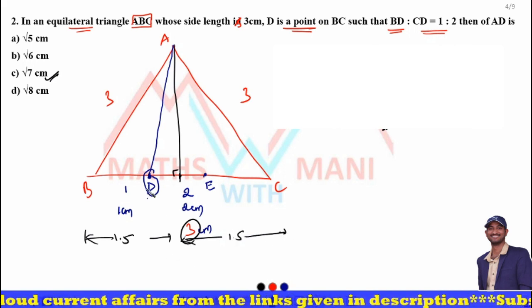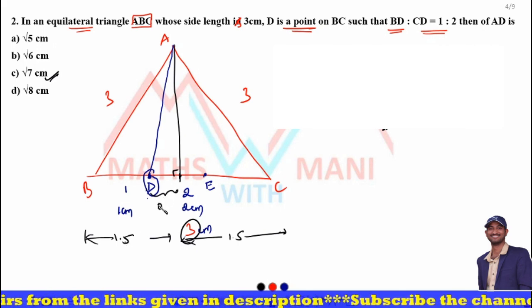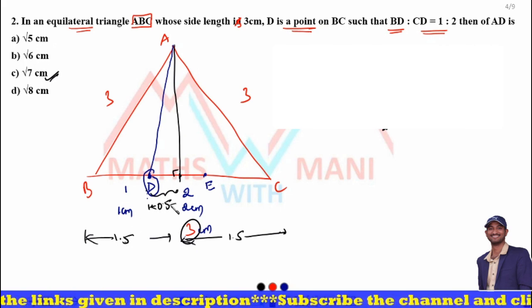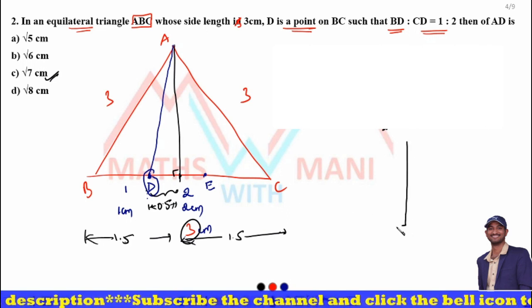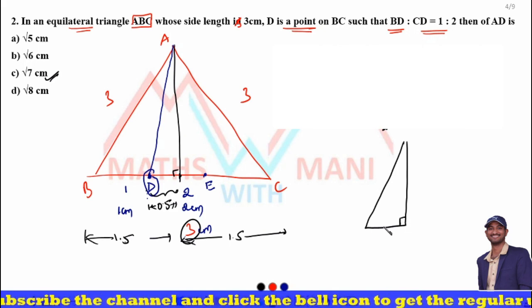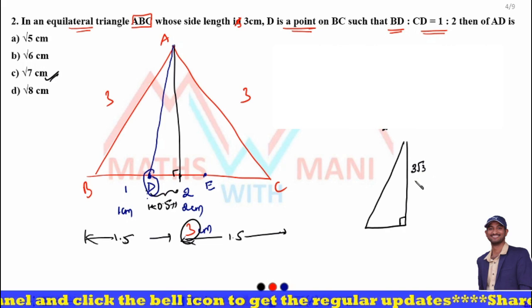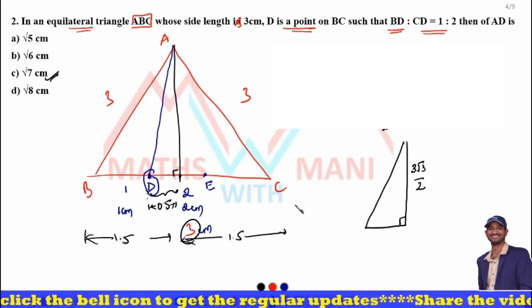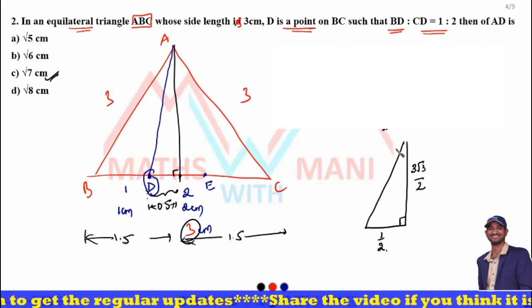Since BD is 1, what about this length? 1.5 minus 1, that is 0.5. Next we have to find AD. Since it is a perpendicular, that is the altitude, equal to √3/2 into A, that is 3√3/2. And this is 0.5, that is 1/2. And you have to find out AD.